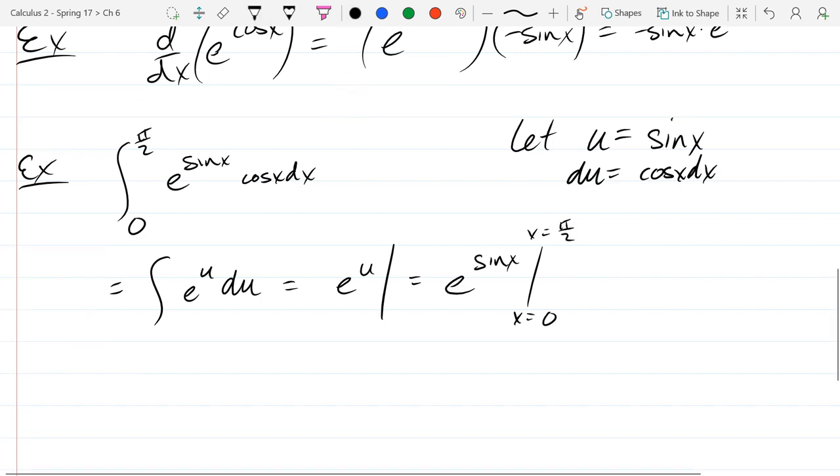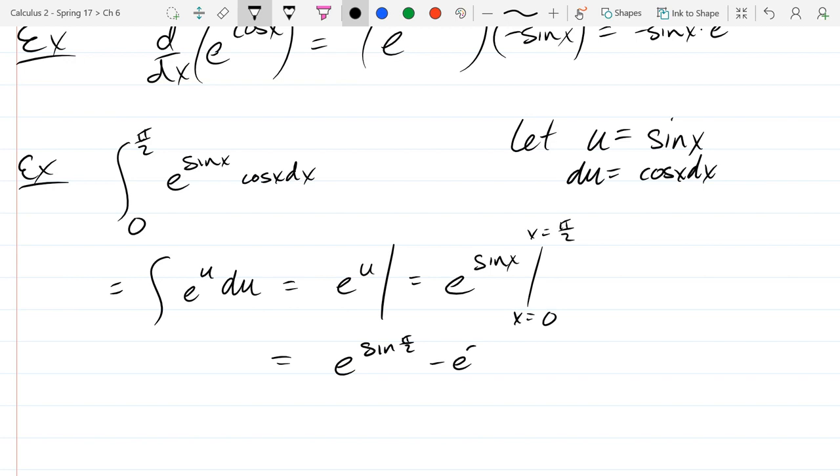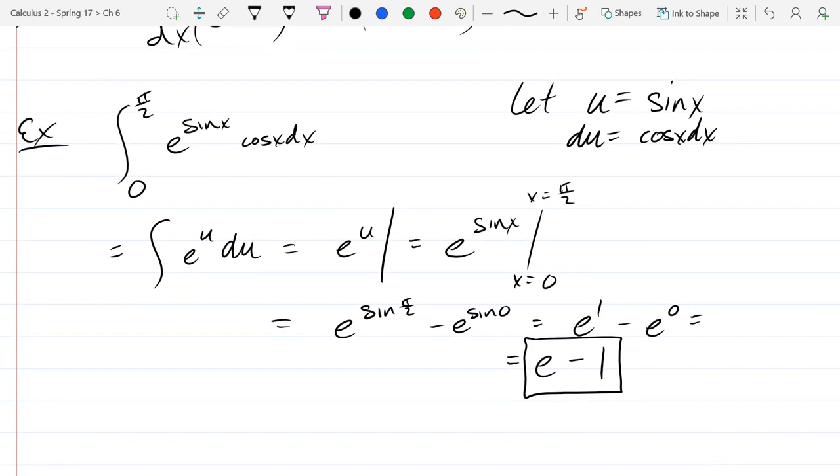I'm just plugging in 0 and pi over 2 and subtracting. Now I just need to know trig values. Sine pi over 2 is 1. Sine 0 is 0. But e to the 0 is not 0. e to the 0 is 1. So my area under that curve is e minus 1.